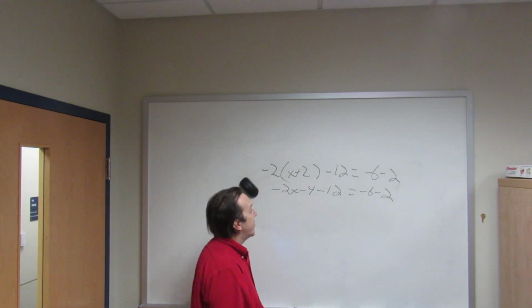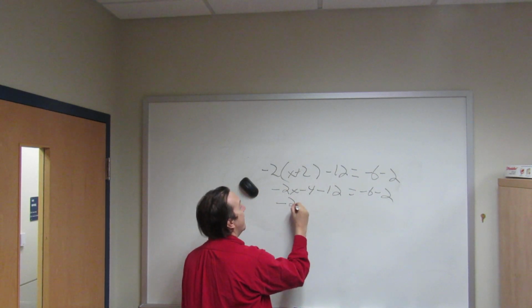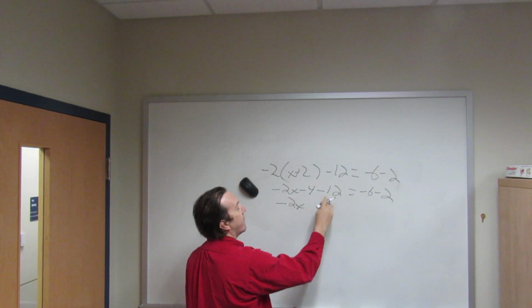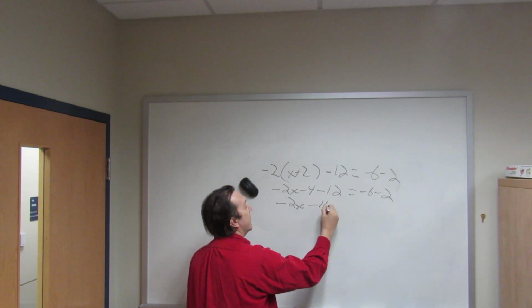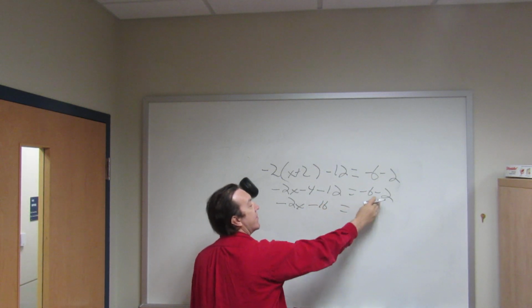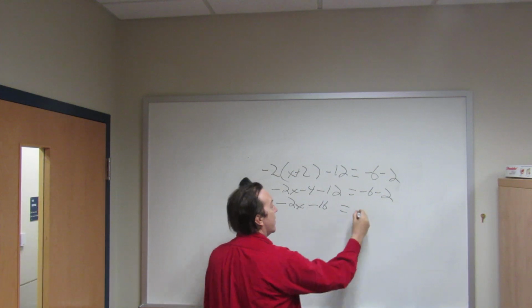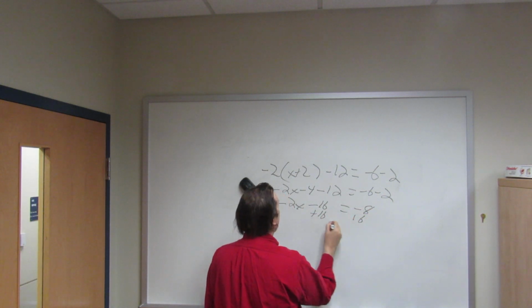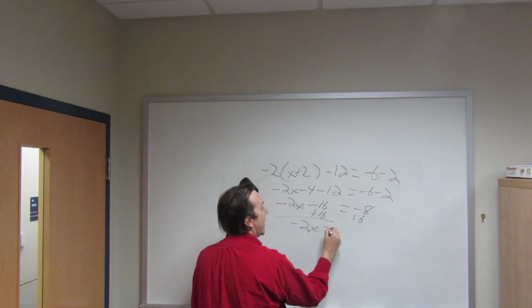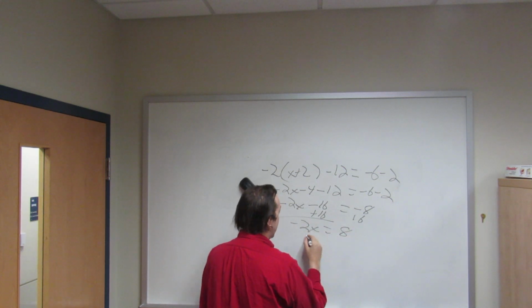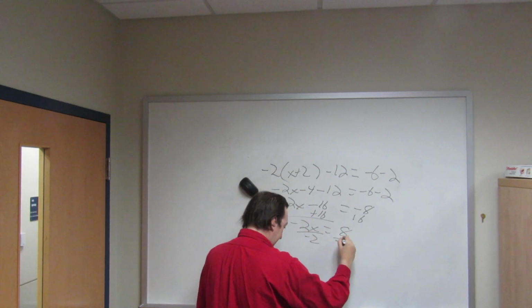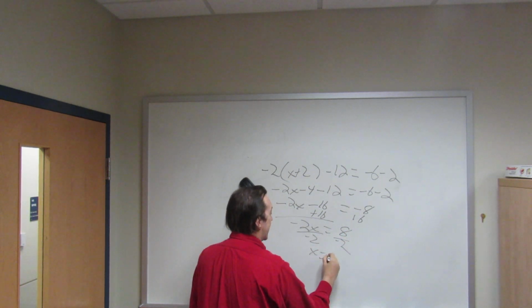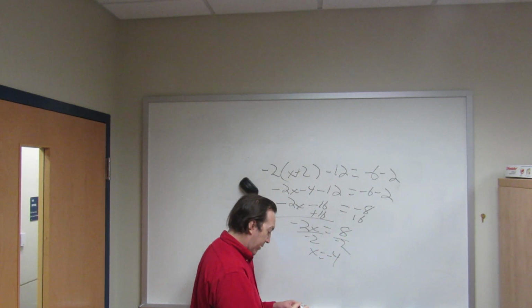Combine like terms on both sides, so you get negative 2x, negative 4 minus 12 is negative 16, negative 6 minus 2 is negative 8. Add the 16, you get negative 2x equals 8. Divide both sides by negative 2, x is negative 4.